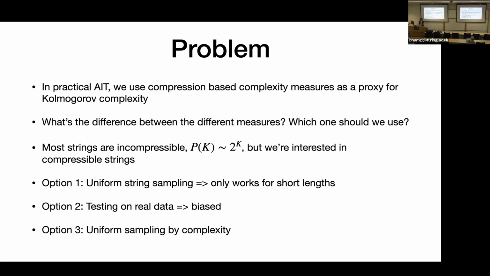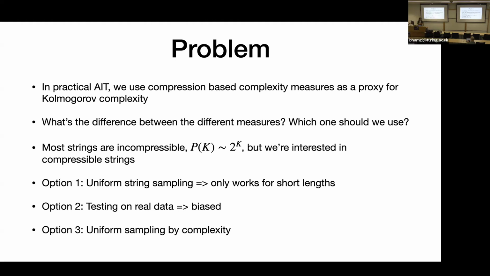Most strings are incompressible, which means that compression algorithms don't really compress them. Which is very important, because what we really want to understand is how well the different complexity measures and compression algorithms work on compressible strings, which are a very small subset of all strings.